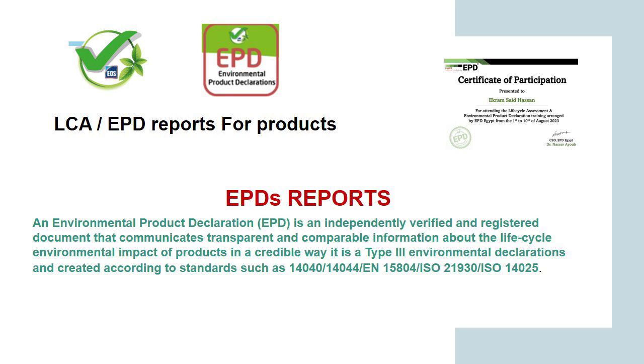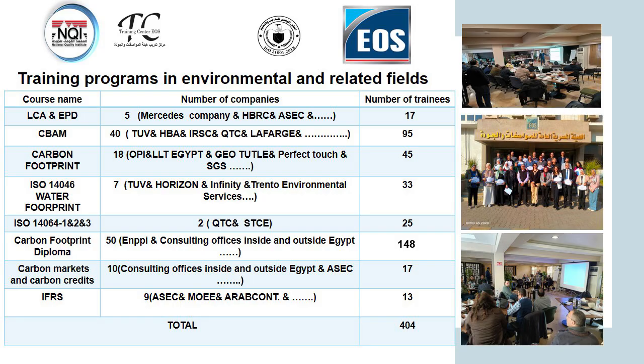An environmental product declaration is an independent, verified and registered document that communicates transparent and comparable information about the life cycle environmental impact of a product in a credible way, according to standards such as ISO 14040 and 14044.